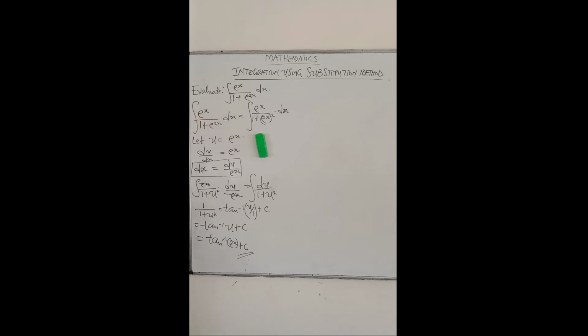The next step, whenever you have x raised to power 2, you take that outside and you differentiate. You must differentiate in the substitution method because you want to make dx the subject of formula. So once you differentiate, you make dx the subject of formula, you are going to have du all over what you have. So you put it in dx, you cross multiply and you arrive at your final answer.